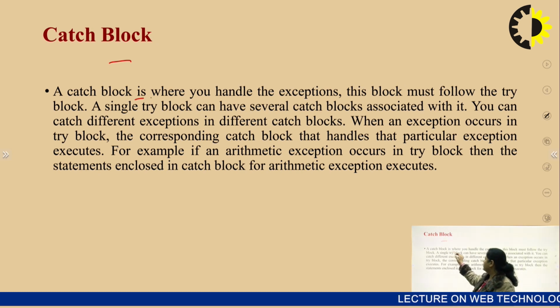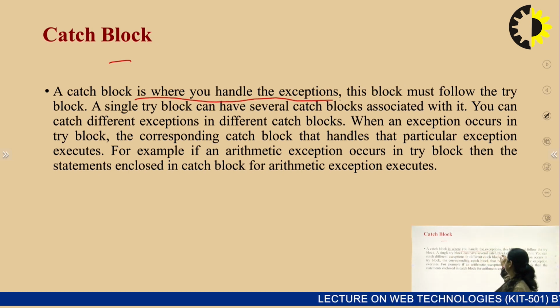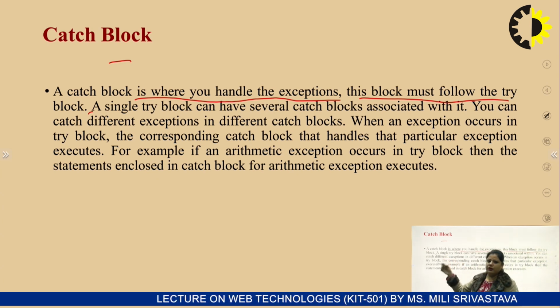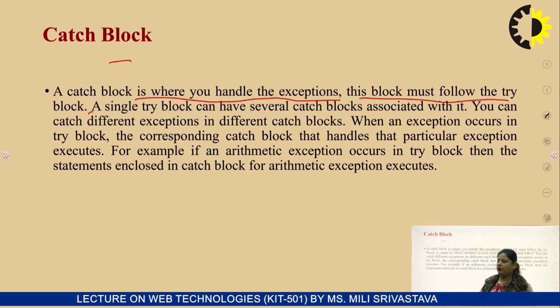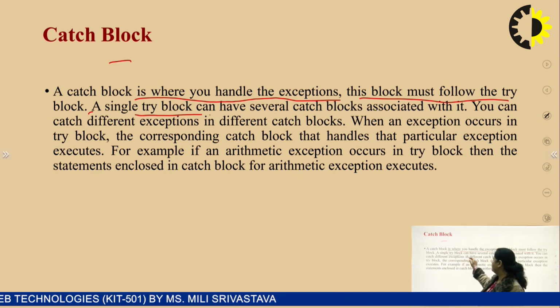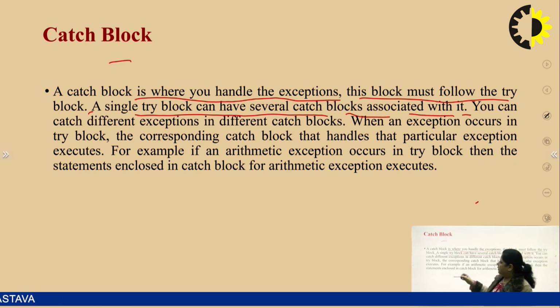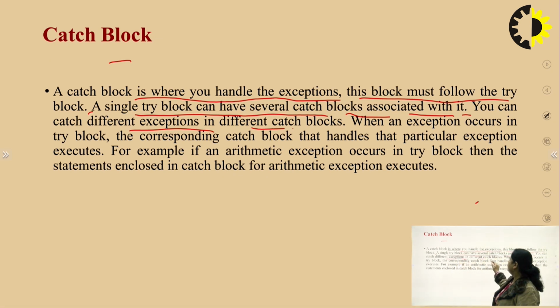So a catch block is where you handle the exceptions. This block must follow the try block. Without a try block, there is no execution of catch blocks. A single try block can have several catch blocks associated with it. We can catch different exceptions in different catch blocks, like hit and trial method: catch this type of exception, catch this type of exception.